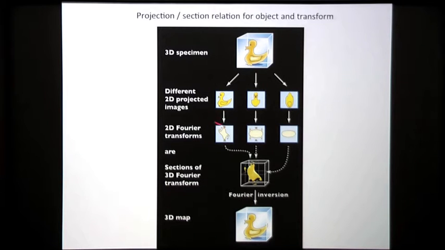So when you numerically compute a two-dimensional Fourier transform like this, these in mathematical terms are complex numbers. They have an amplitude and a phase. So in microscopy, we don't have a phase problem equivalent to that which occurs in X-ray crystallography.